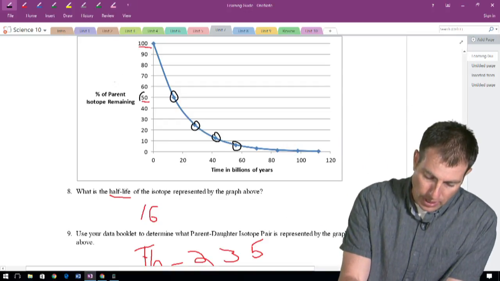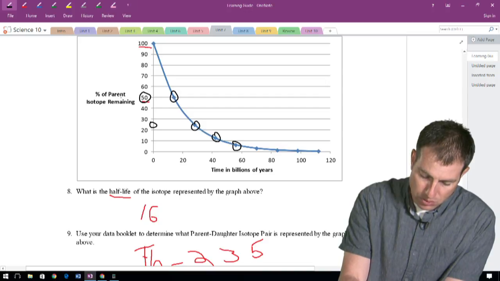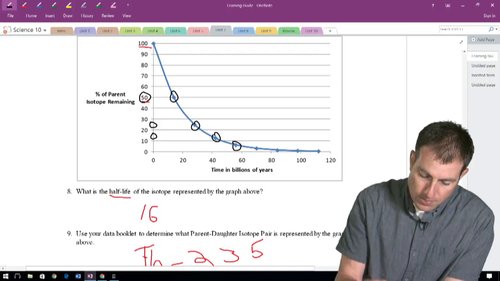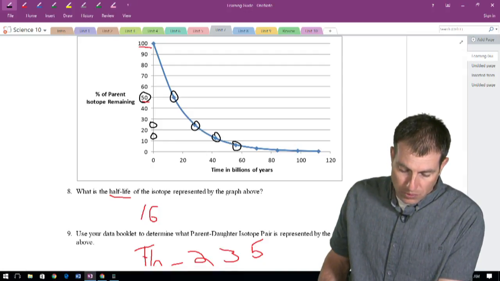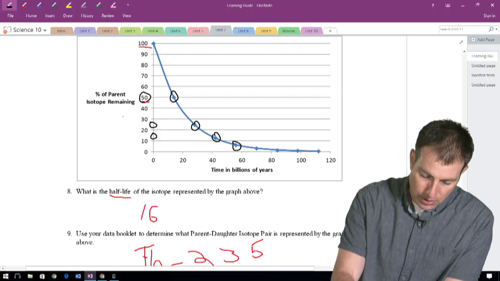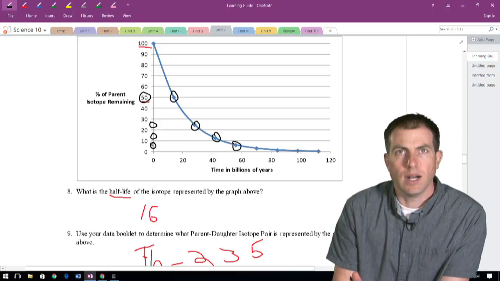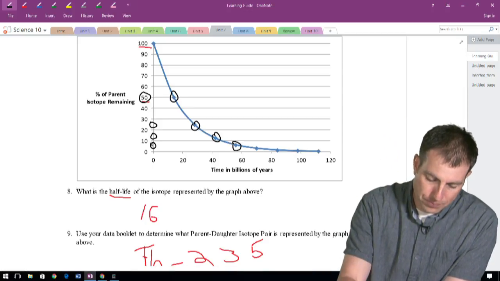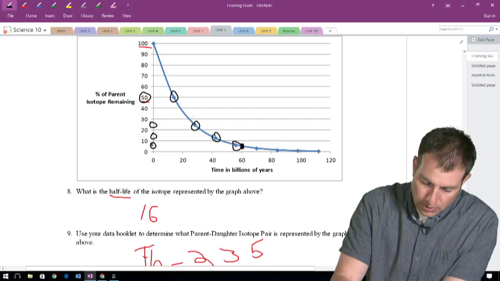So after 1 half-life, I'm at 50%. After 2 half-lives, I'm at 25. 3 half-lives is 12.5, and then 4 half-lives is 6.25. But it's asking for 4.2. So I'm going to estimate at 4.2, which is going to be somewhere around here.